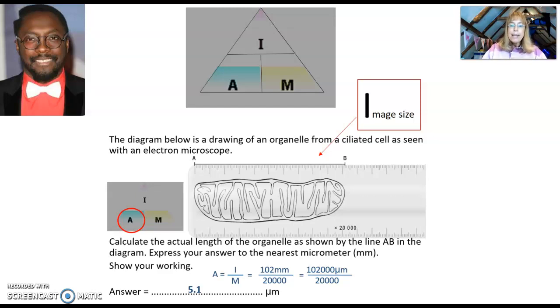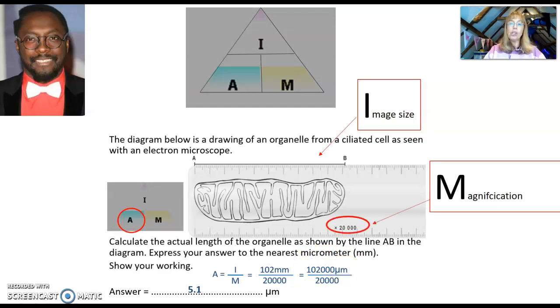Now, the problem is they've asked to express the answer in micrometers. So we've got to convert millimeters into micrometers. If you remember, as we were going down, there are 1,000 micrometers in 1 millimeter. So we've got to times that by 1,000, giving us 102,000 micrometers. And then where do we get our magnification? If you have a look, it tells you that this has been magnified 200 times. So I put that in the calculator, and my answer is that this in reality is 5.1 micrometers.